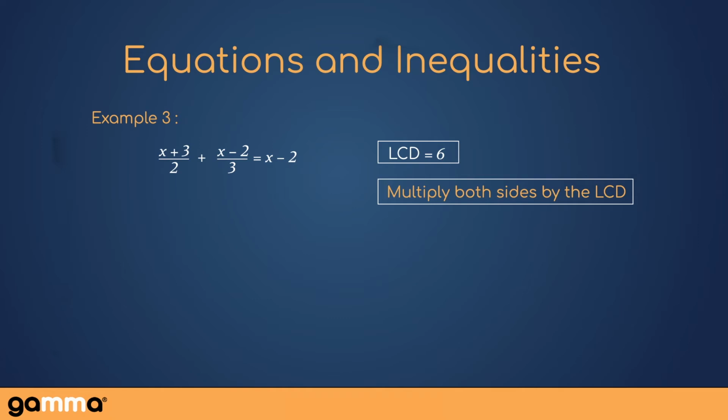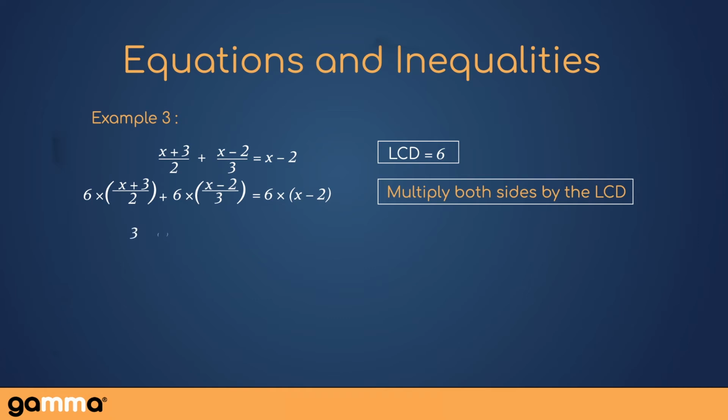So let us do that. We'll have 6 times x plus 3 all over 2 plus 6 times x minus 2 all over 3, which is equal to 6 times x minus 2. So multiplying this, we will have 6 divided by 2 will give us 3.